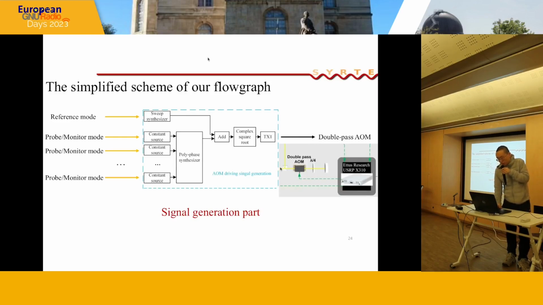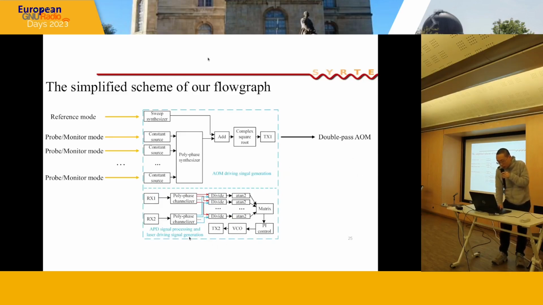Because this double-pass AOM acts as a square operation: the light passes through the AOM the first time, is reflected from this mirror, and passes the AOM a second time. So we need the complex square root operation to compensate for this double-pass process, and then we can get the laser modes we need.